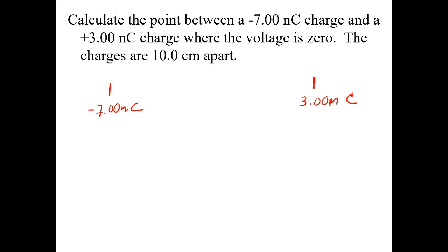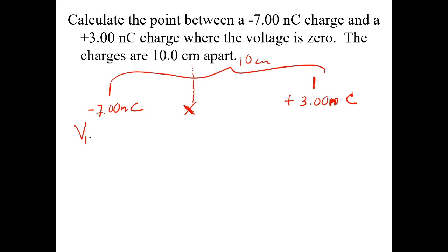Now, these are not vectors. And how far apart are they? 10 centimeters. We're looking for a point in between. We'll call it X. These are not vectors. They're scalar quantities. Now, this is negative, and this is positive. So negative and positive will cancel.